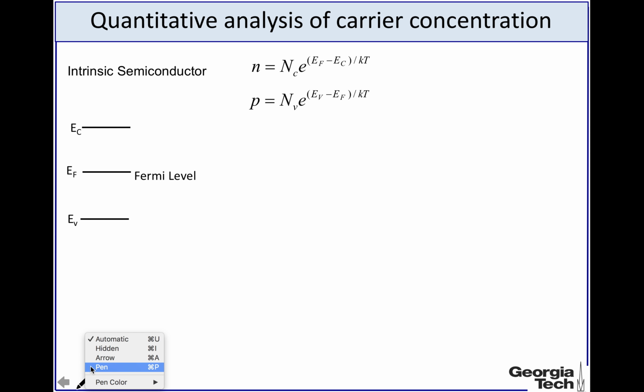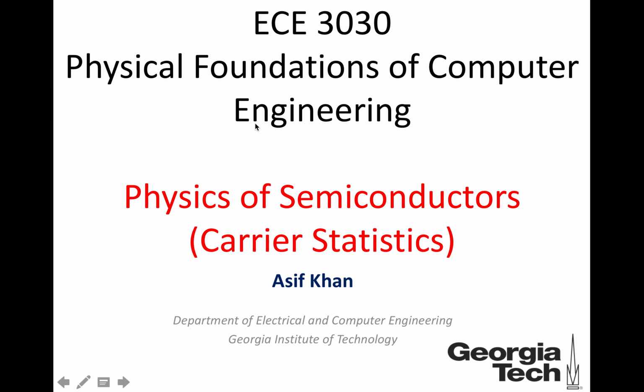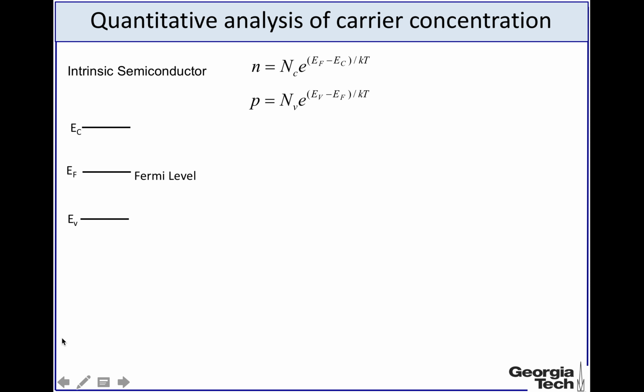As we have discussed, in an intrinsic semiconductor there will be equal numbers of electrons and holes, so n equals ni, the number of electrons, which is equal to the number of holes.